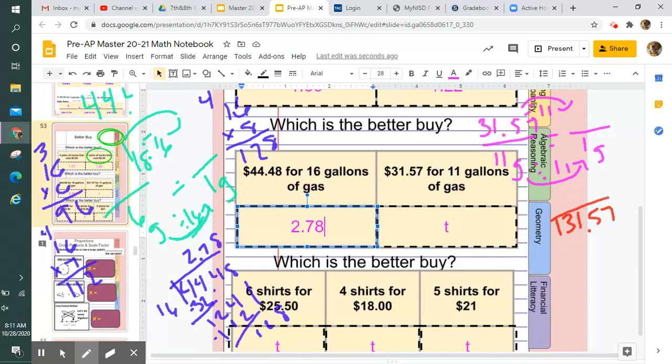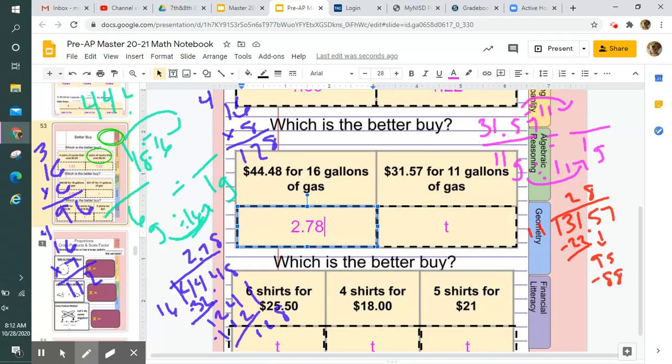So the problem we have to solve here is 31.57 divided by 11. So 11 goes into 31 twice, and it's 22. 31 minus 22 is 9. Bring down our 5. 11 goes into 95 8 times. 11 times 8 is 88.